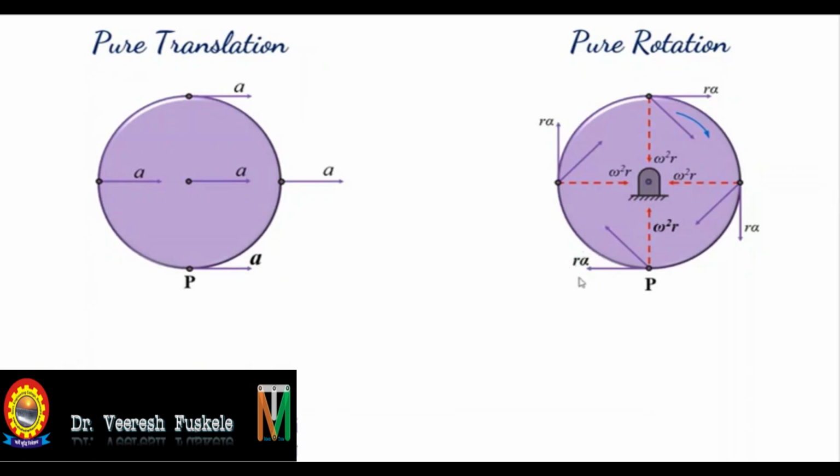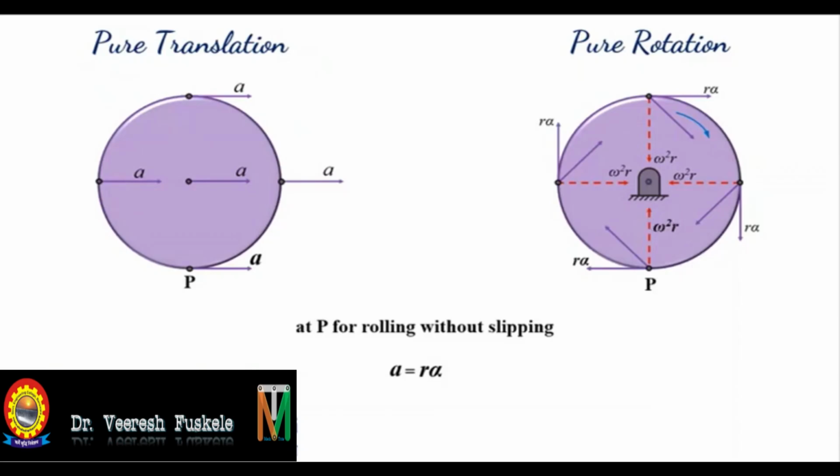So if there is no slipping taking place, then at point P, a should be equal to r alpha. So after cancellation of a and r alpha, still omega square r will be remaining. So in case of pure rolling, omega square r should be the acceleration at point P.